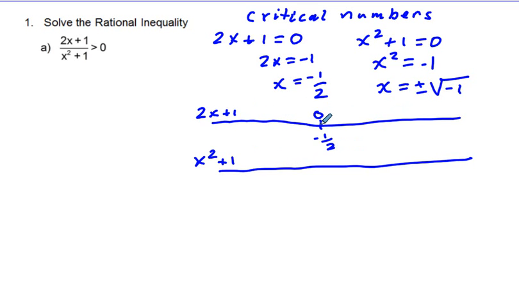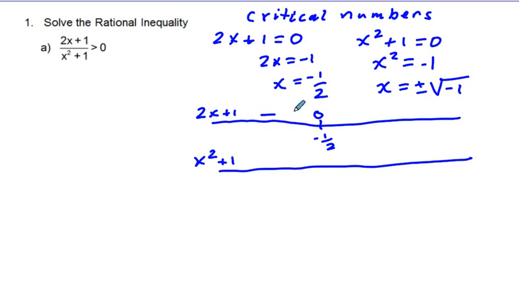And if we take a number less than negative 1/2, we put the sign along the top of this number line. If we pick negative 1, well, 2 times negative 1 is negative 2, plus 1 is negative.